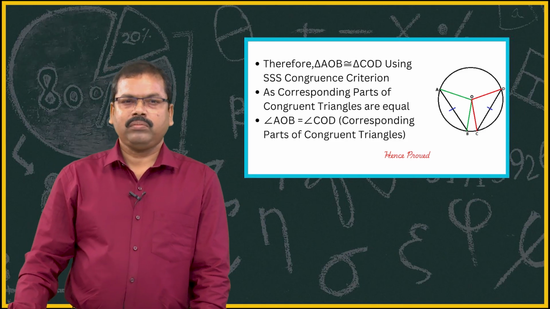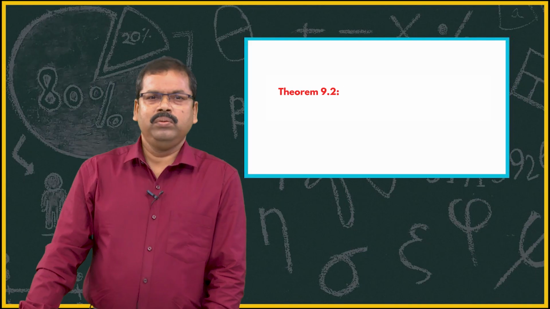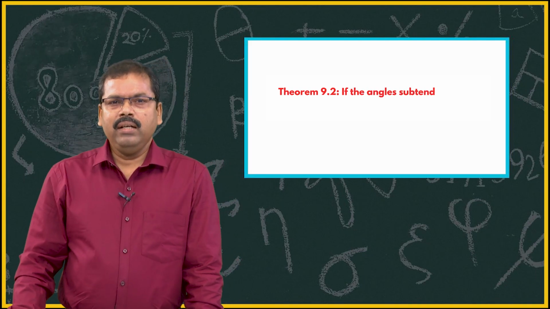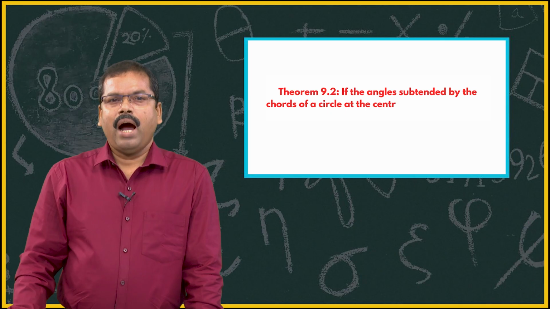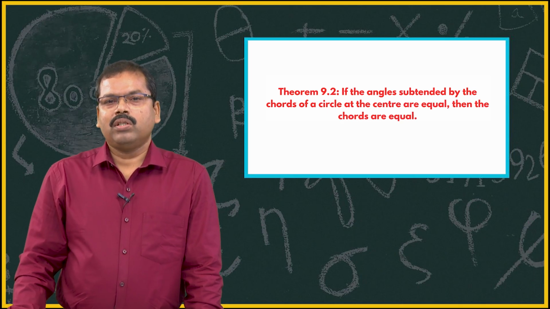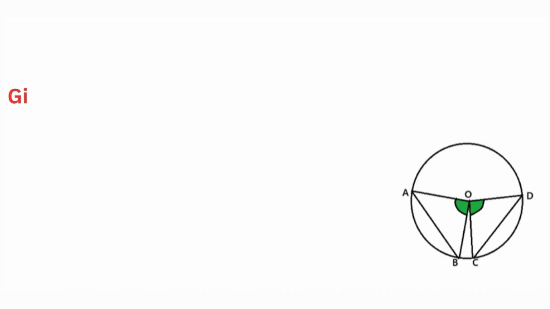Next, theorem 9.2. If the angles subtended by the chords of a circle at the center are equal, then the chords are equal. Students, what is given there?